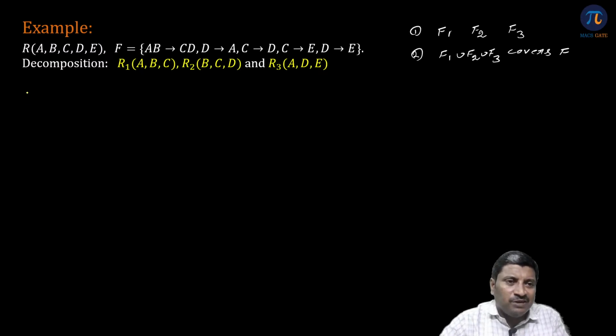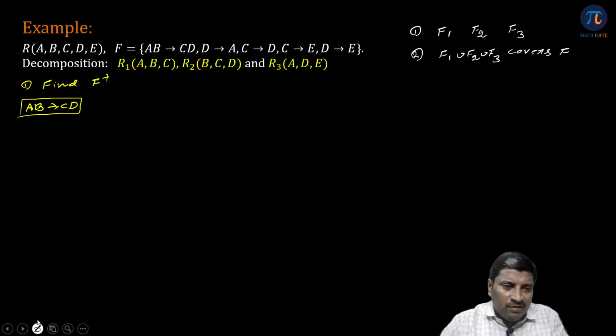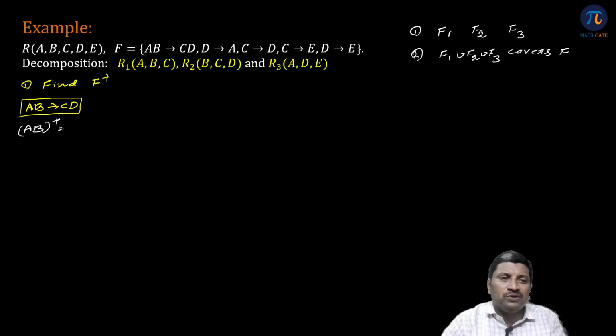What is the first step, sir? The first step is we have done so many times, so let us do it quickly. Find F plus. So what is the first one? AB implies CD. Then with AB, what else can you get? AB closure.